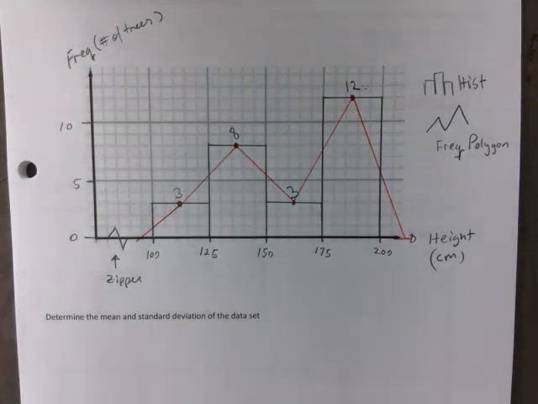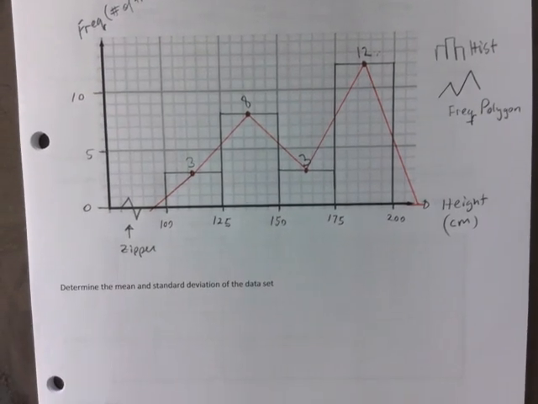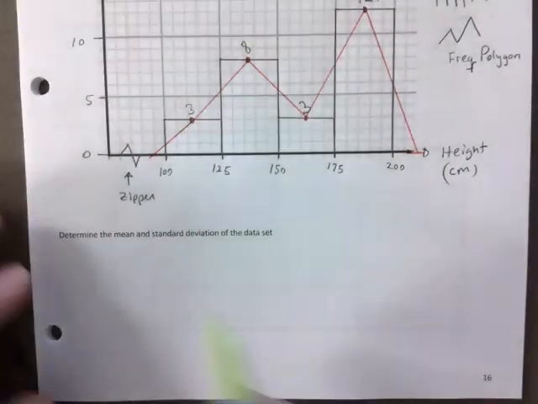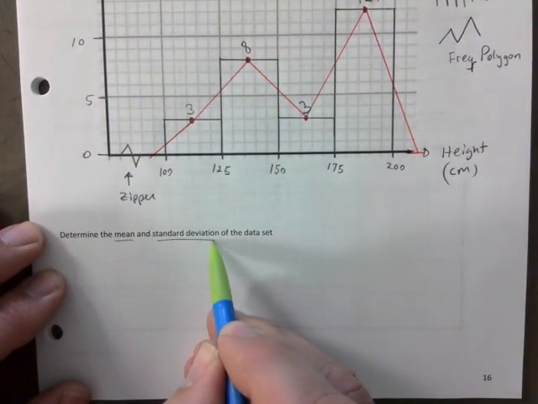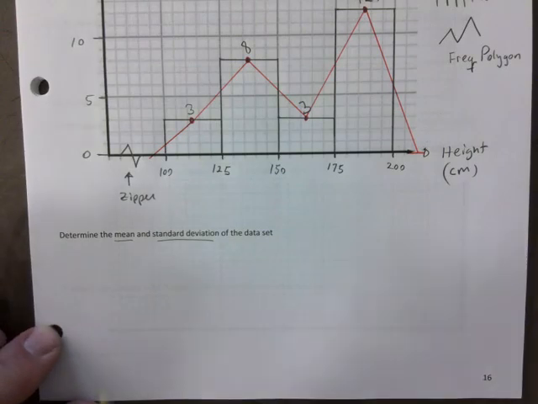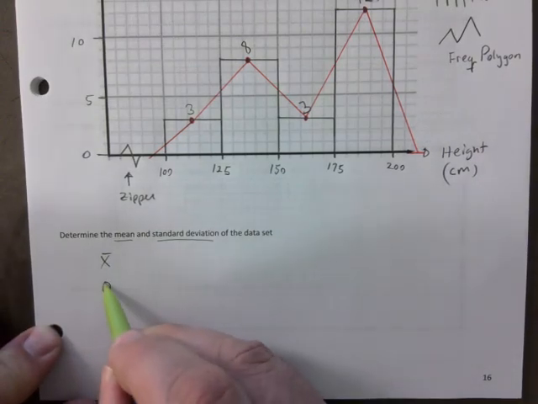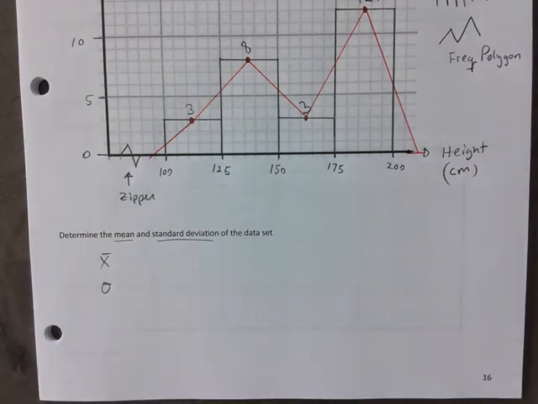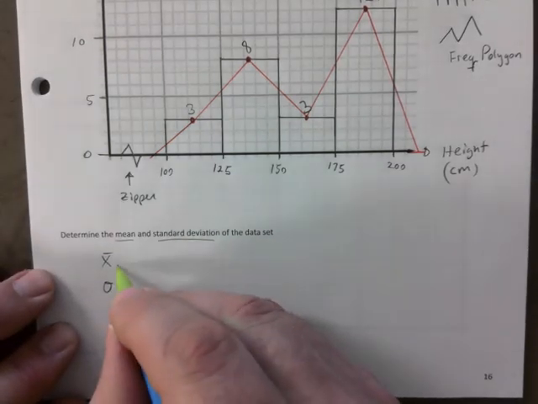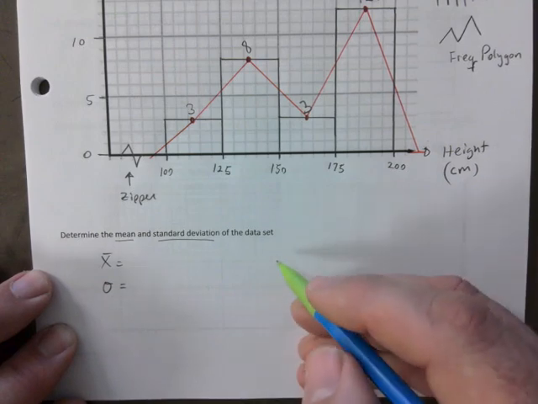Okay. All right. This is the new part. Determine the mean and the standard deviation of this data set. Mean and standard deviation. So I want to make a note here.